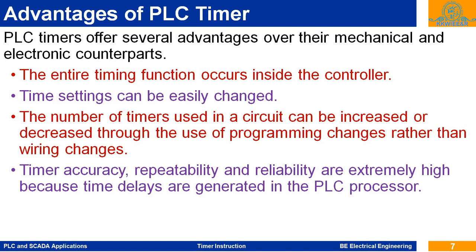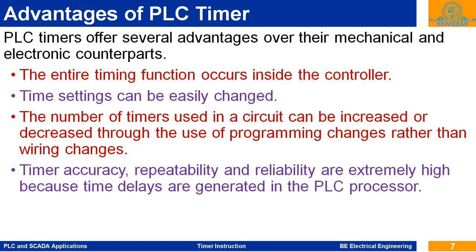But in the case of a PLC timer, if you require more timers, or you have to remove timers, just by making changes in the program or in the ladder logic, you can add or remove the timers. So there is no need to rewire the timers.